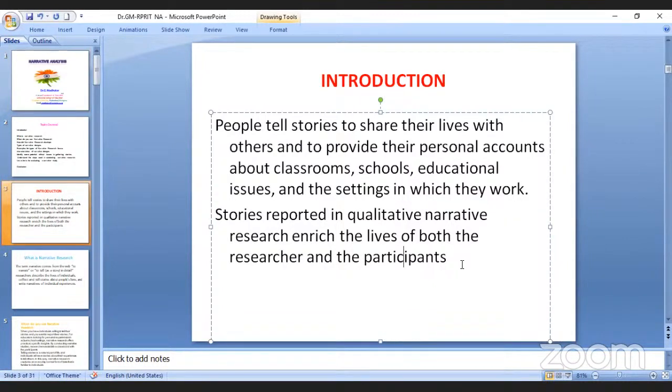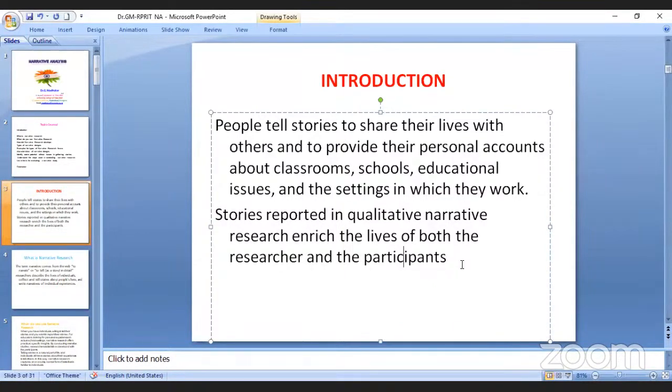You have to share your stories with others. This is about your classroom experience, your school experience, your educational background, educational issues, and other settings in which they work. This is about narrative stories.